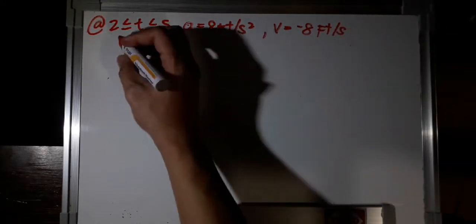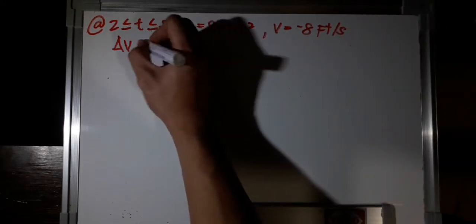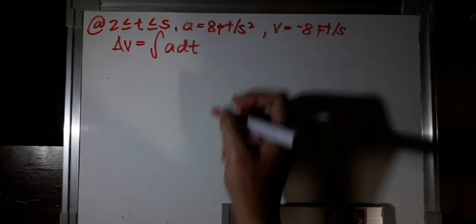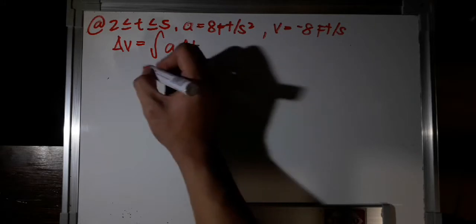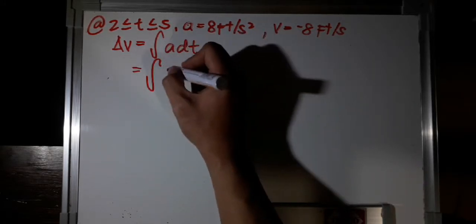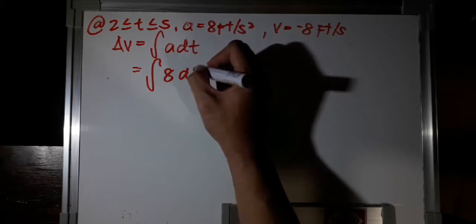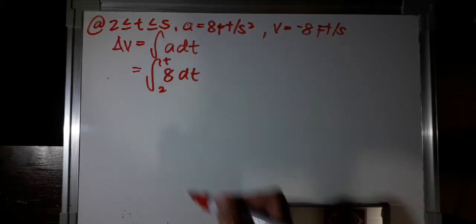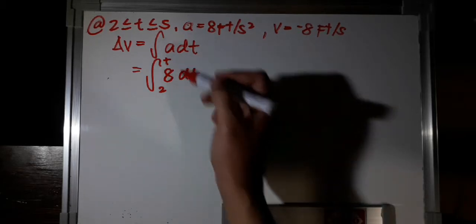Again, for the formula for change in velocity, we have the integral of acceleration multiplied by dt. So we have the integral of 8 dt limited from 2 seconds to t, which is the value that we do not know yet.